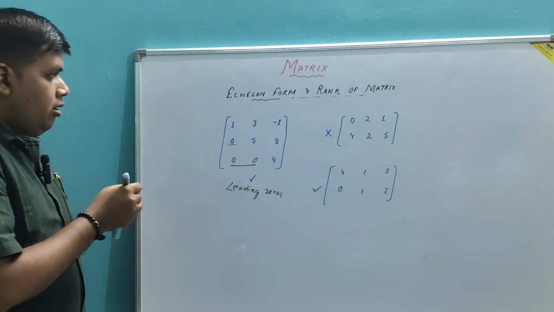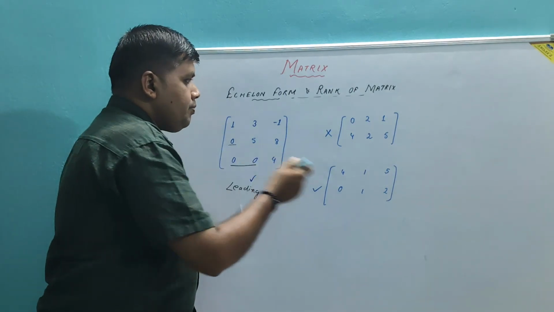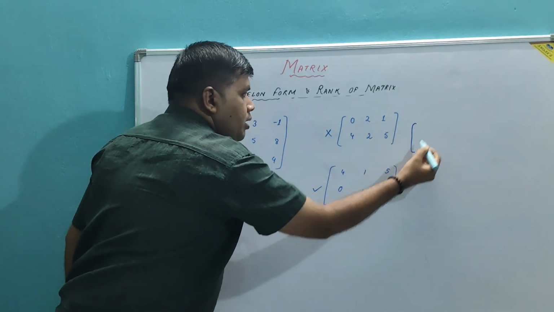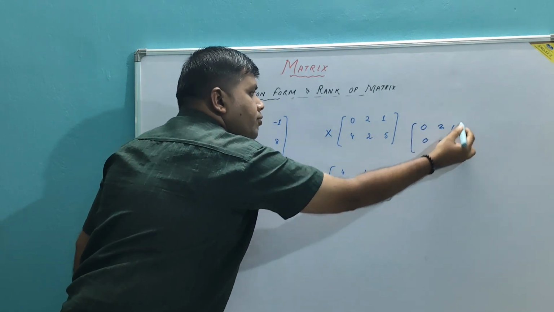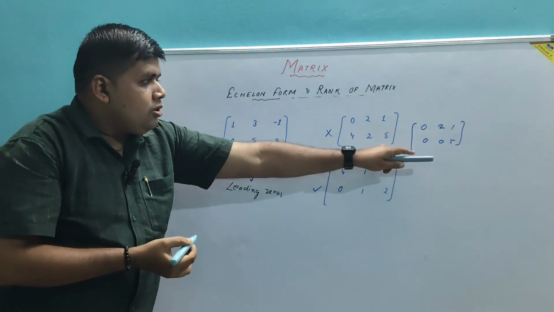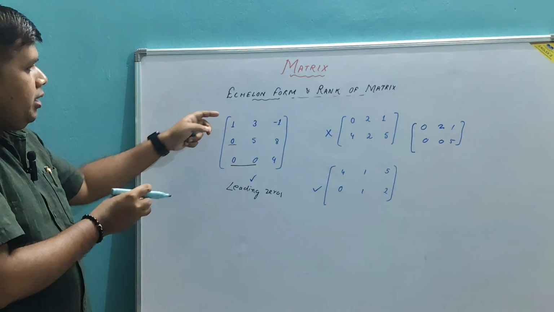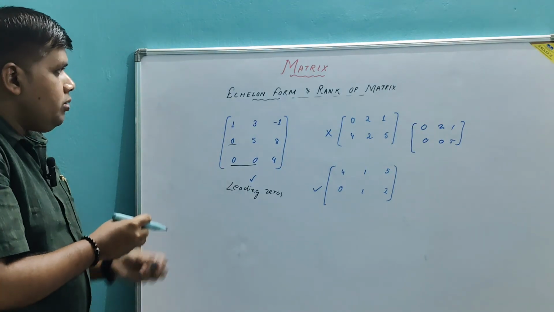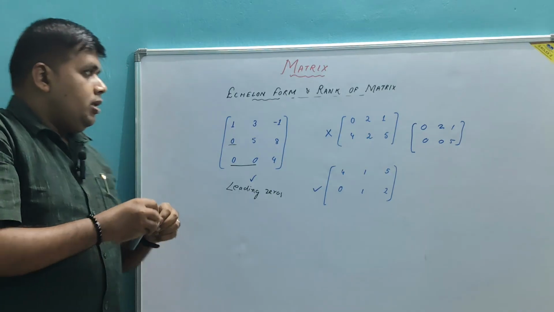It will be in echelon form if it is something like 0 2 1 and this is 0 0 5 or something. In that case it will be in echelon form. Means number of zeros should go on increasing as we move down the matrix. So that is called echelon form.